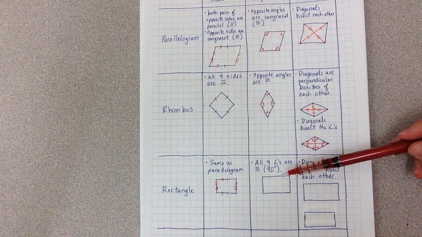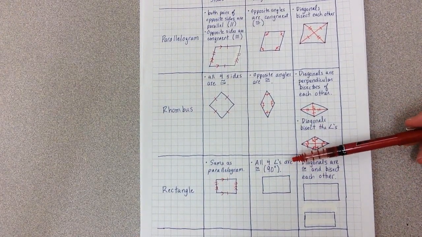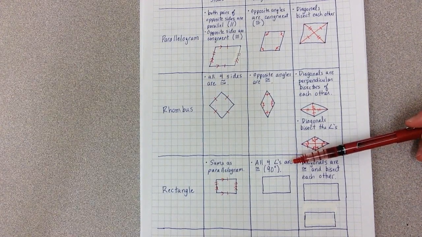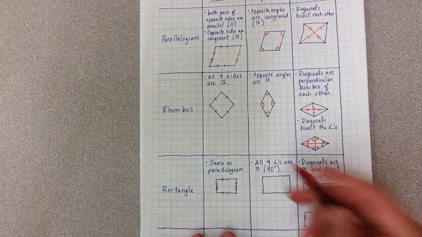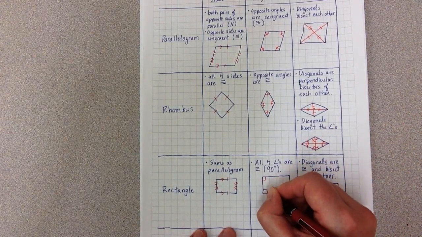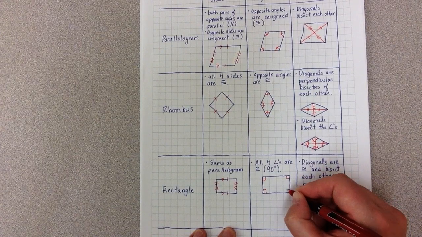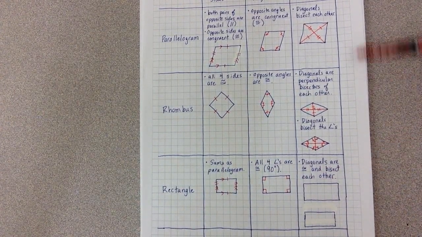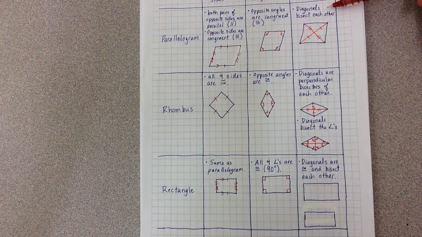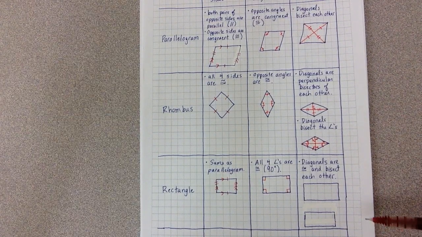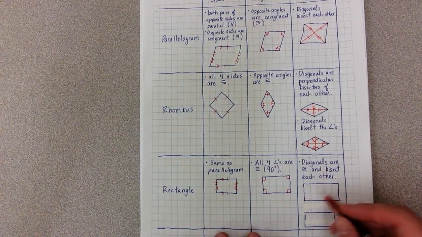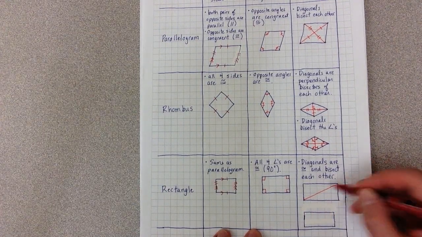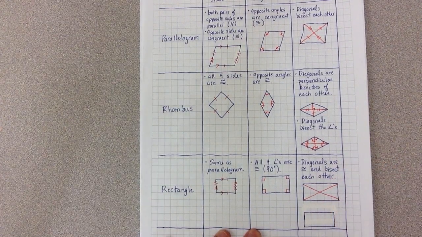Now, in this case, with the rectangle, the angles do have a slightly different property, which is that all four of them are congruent, which makes all four of them 90 degrees. The diagonals have the characteristics of the diagonals in a parallelogram, but they also have an additional quality, which is that they are congruent. So this diagonal and this diagonal are congruent.